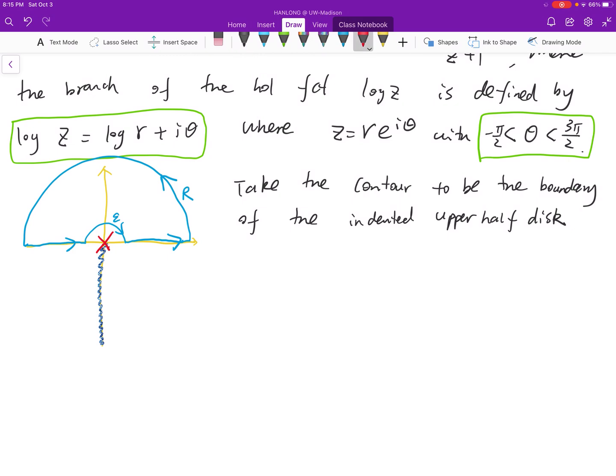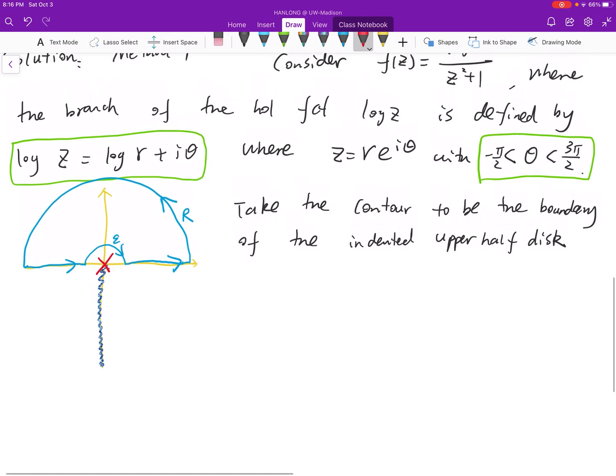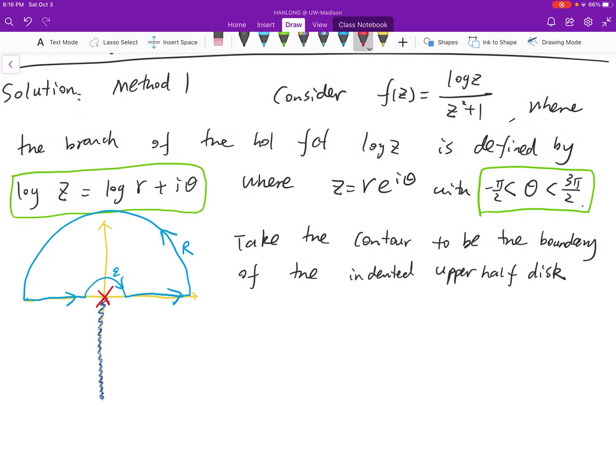Okay, and then you need to figure out the poles. So look at it: log z is holomorphic on the complex plane minus the negative imaginary axis, and the poles can only come from 1 over z squared plus 1.